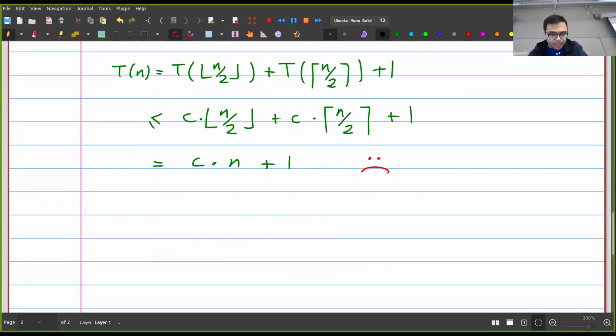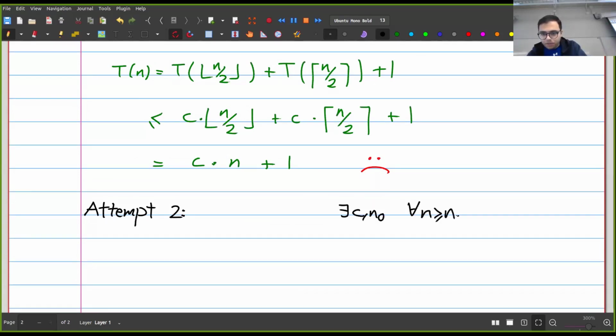And this is my second attempt. Let's say that I want to prove there exists C and N0 such that for every n greater than or equal to N0, T of n is less than or equal to Cn minus 2, let's say. I just made up a constant here.